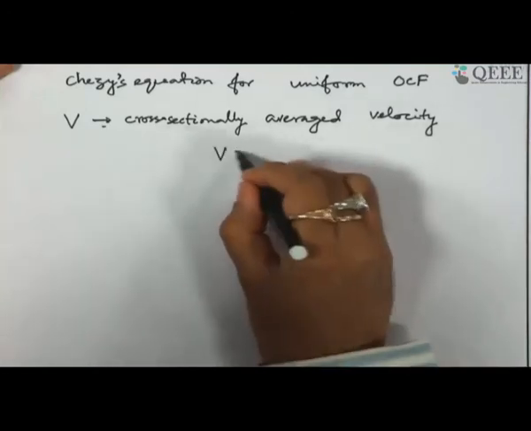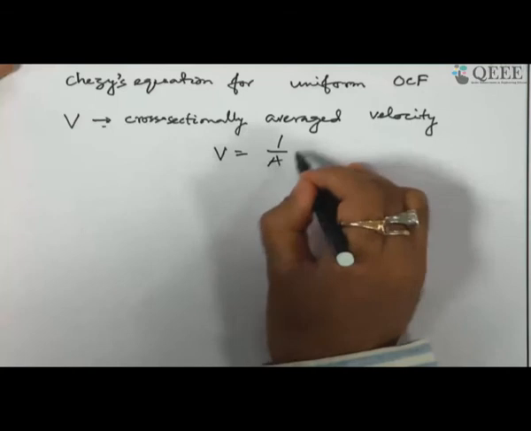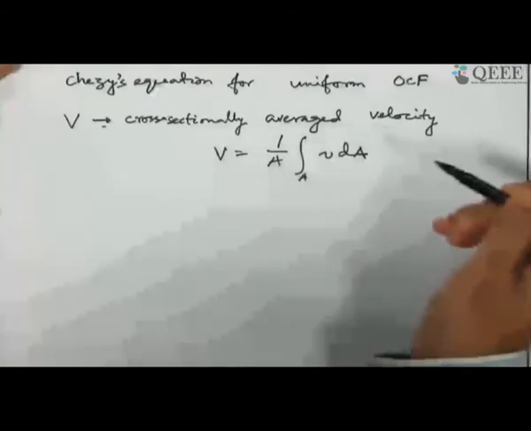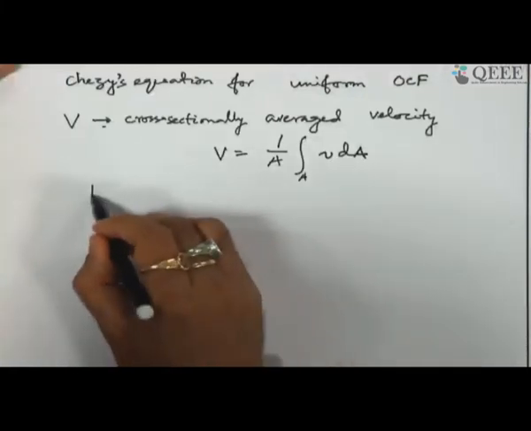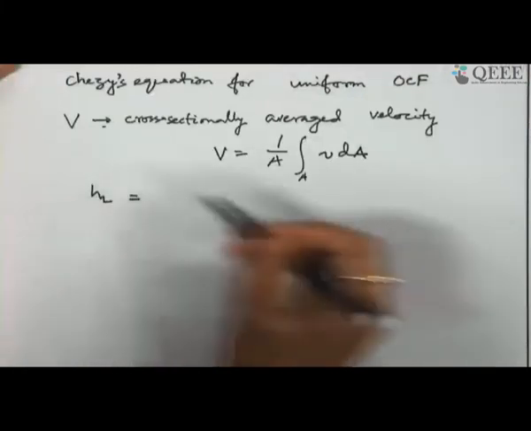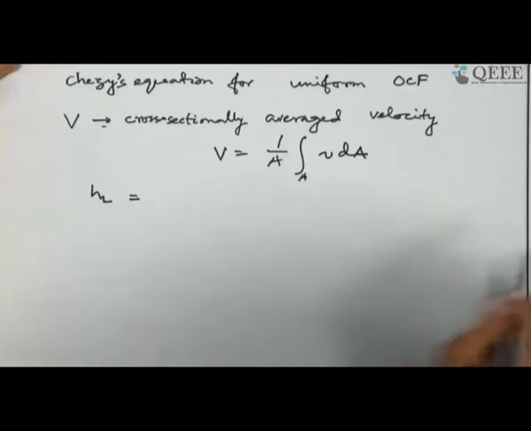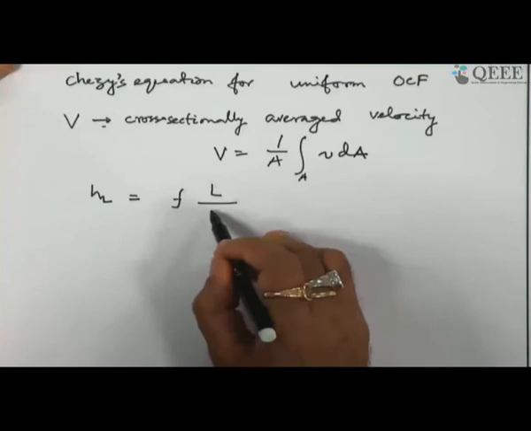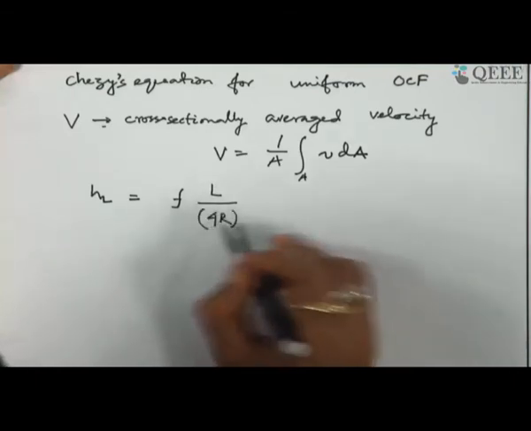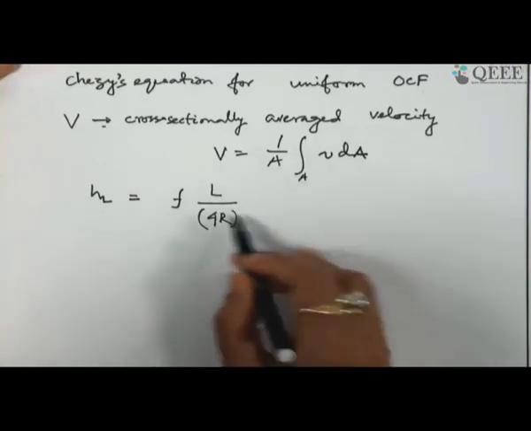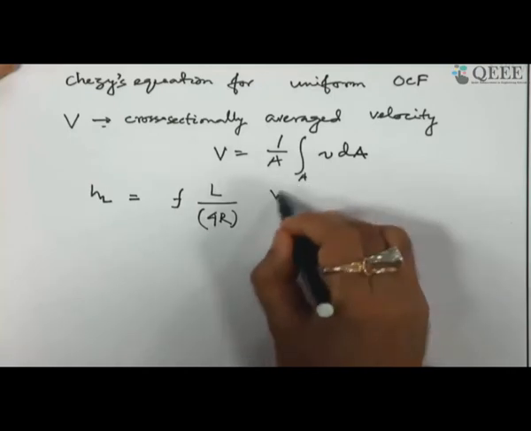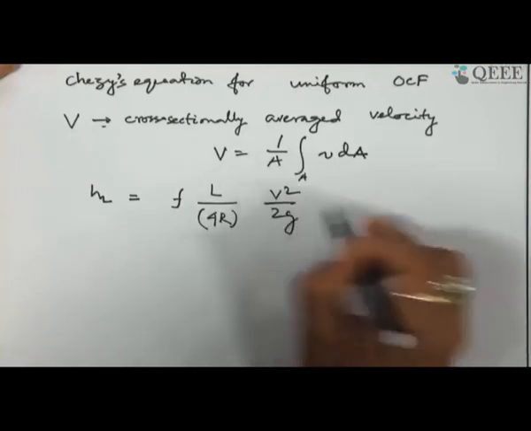So, V is 1 by A integral of v dA. We know that head loss can be represented as f L by D V square by 2g. In case of open channel, D can be represented in terms of 4R, and this is V square by 2g.